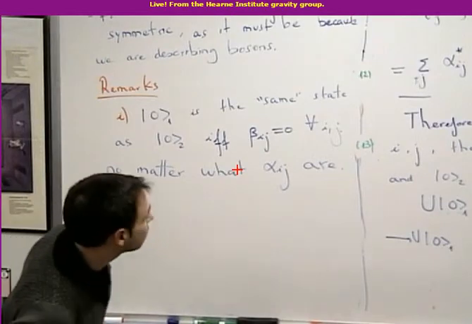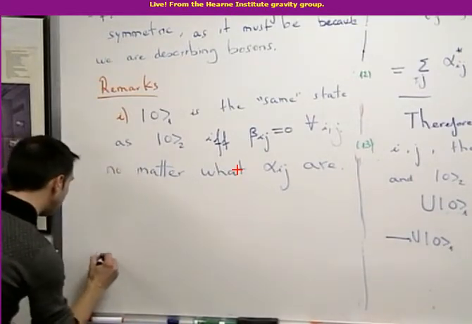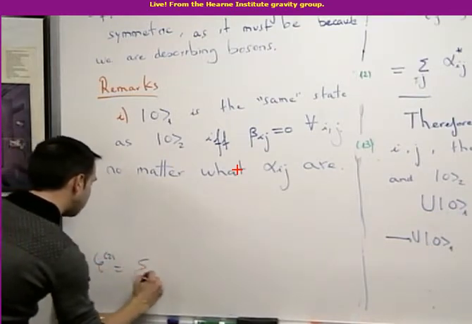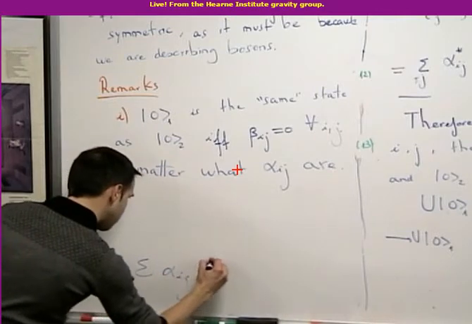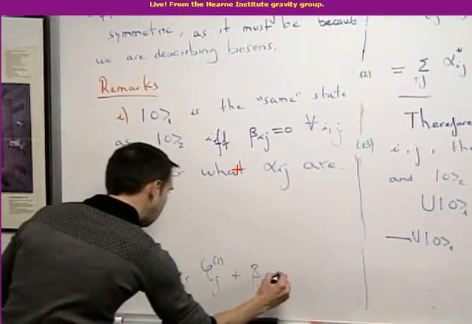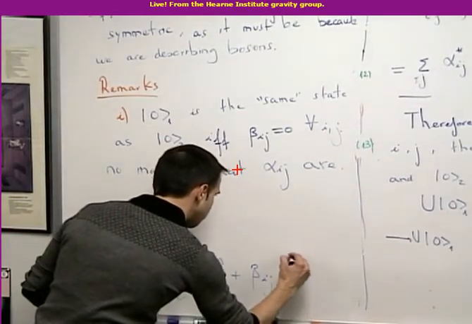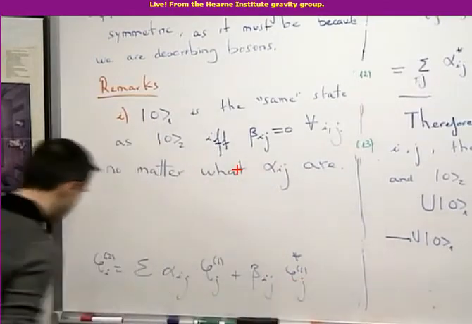I don't have any expression to look at this. But remember that phi 2 was a sum of alpha ij times the 1j plus beta ij times the conjugate of 1j.